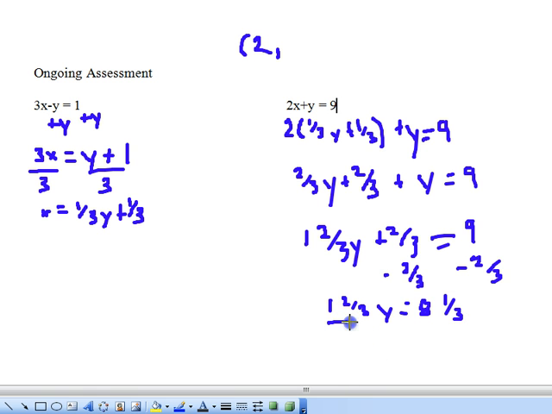Then you divide both sides by 1 2/3 because you want to get y by itself. Okay, so and then you get y, 8 1/3 divided by 1 2/3 is actually 5. So y is equal to 5. Okay, so then your solution for this system of equations is 2, 5. And we use substitution to figure that out.